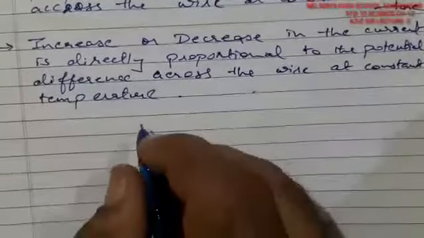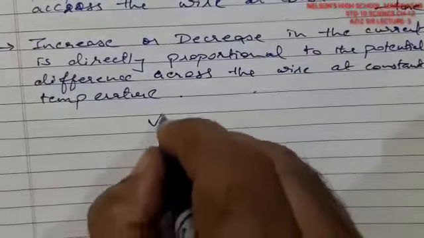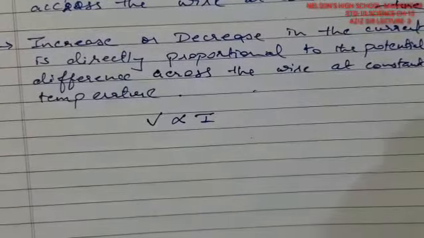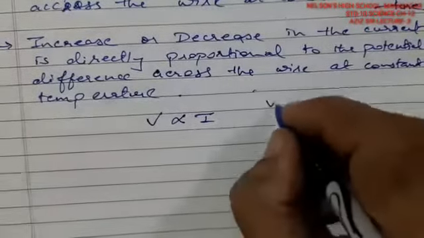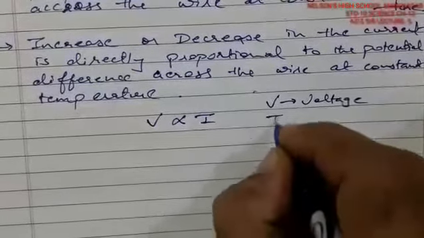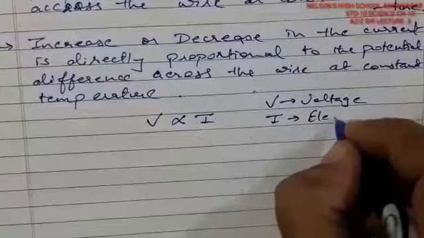Written in alphabets as V is directly proportional to I. Here V is voltage and I is electric current.